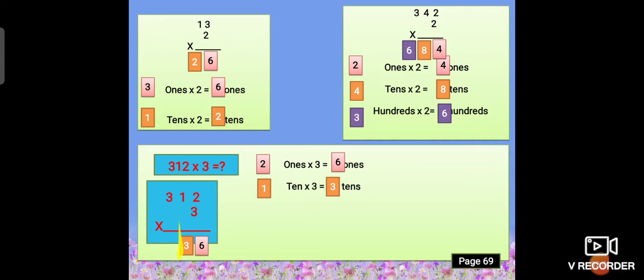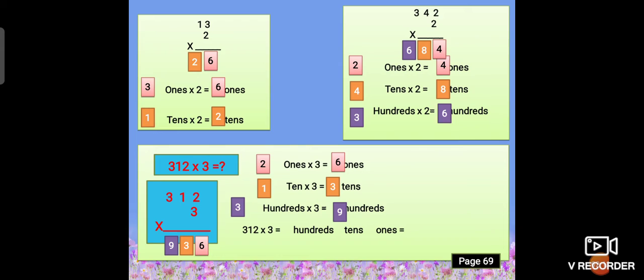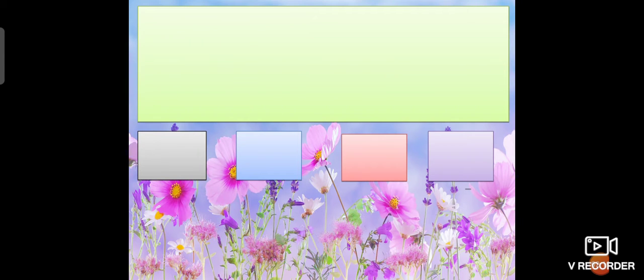So we write down there under the 10. Now let's work on hundreds. 3 times 3 equals to 9. So there you are, we have 936.